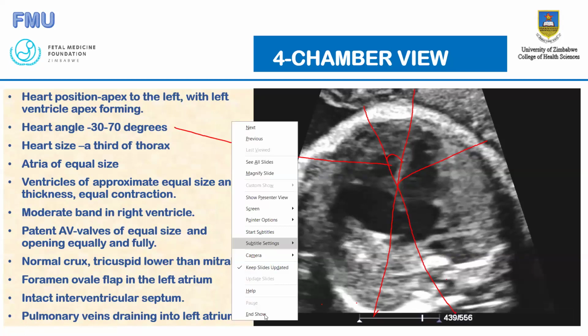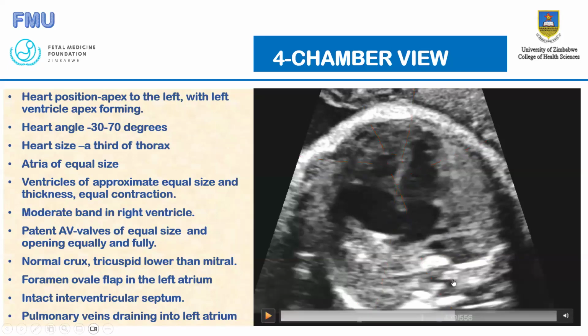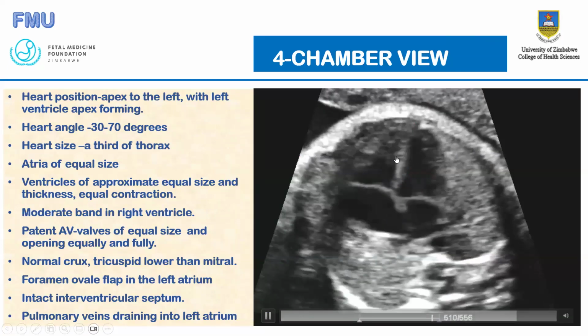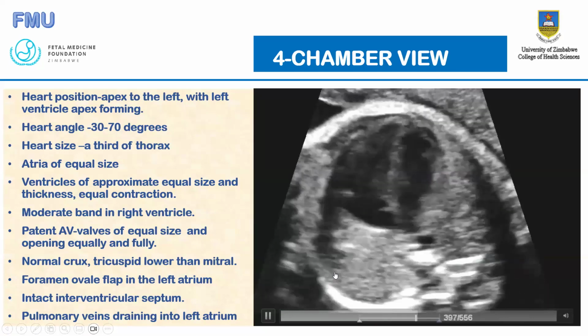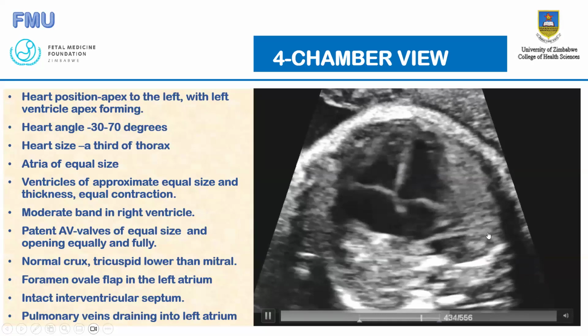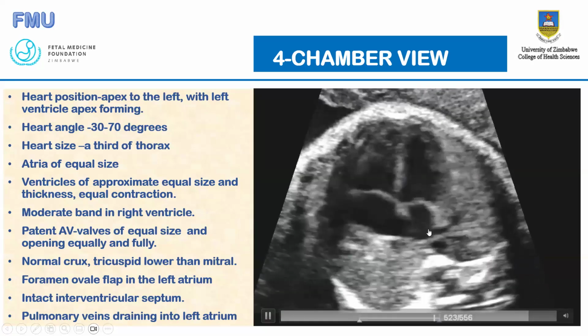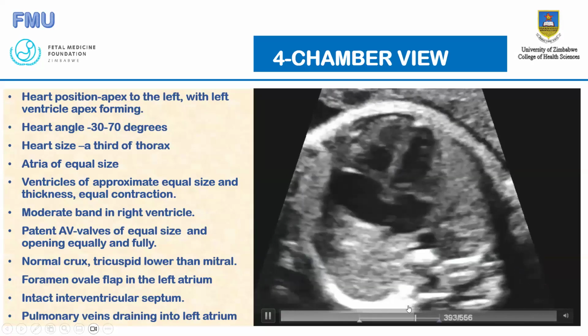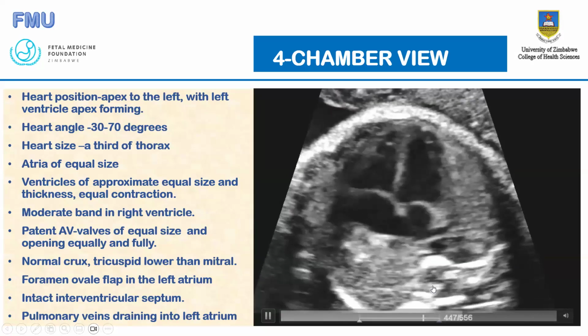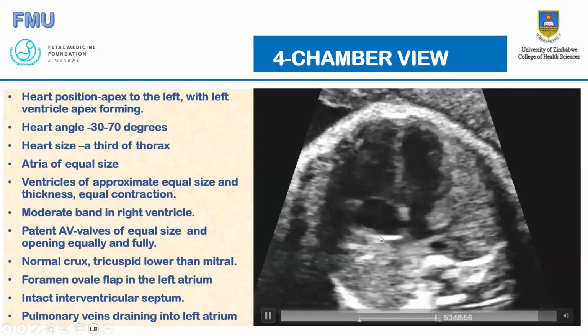If you're not certain of the angle, you freeze your 4-chamber and make sure you're in the right plane, because if you are oblique, you may get an abnormal angle. So make sure you're in the right plane. You can see one rib. You can also see the lungs on the side here.